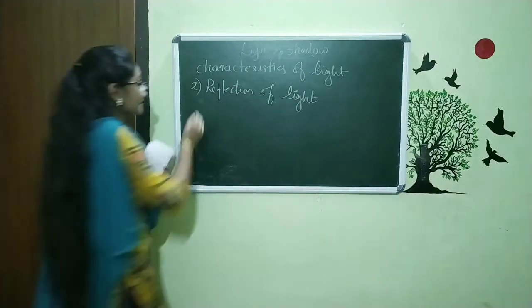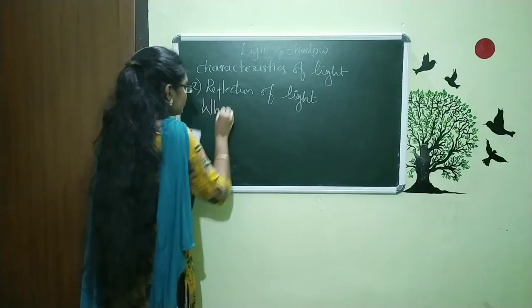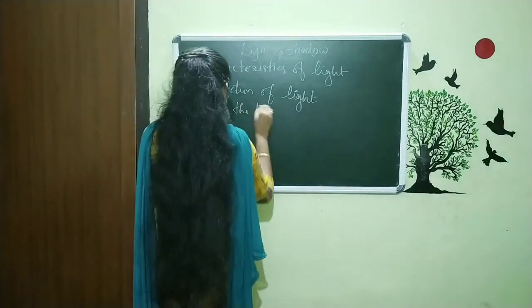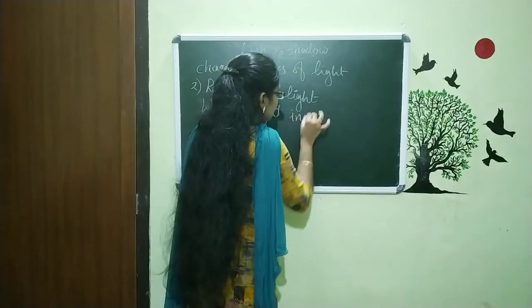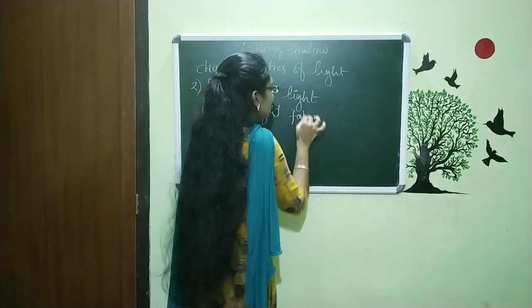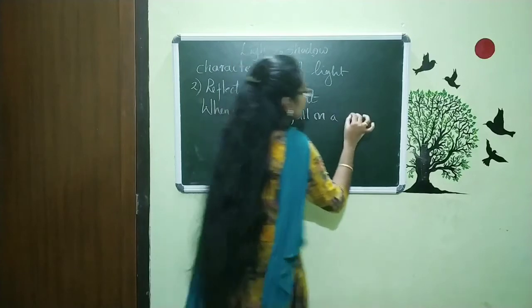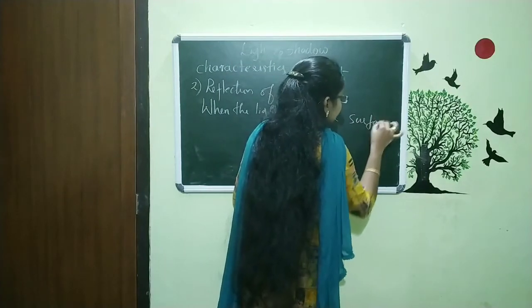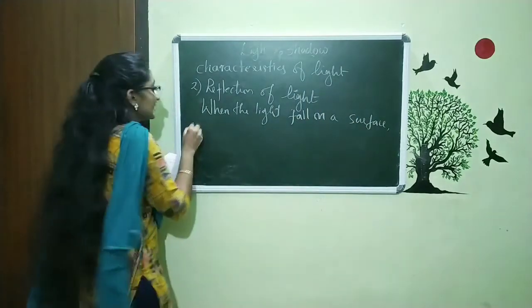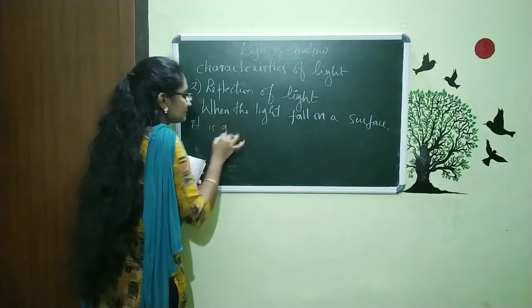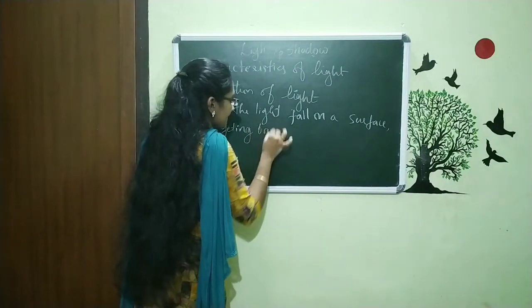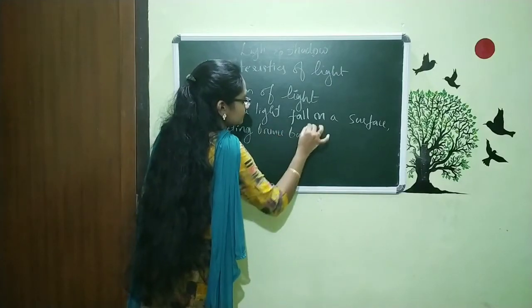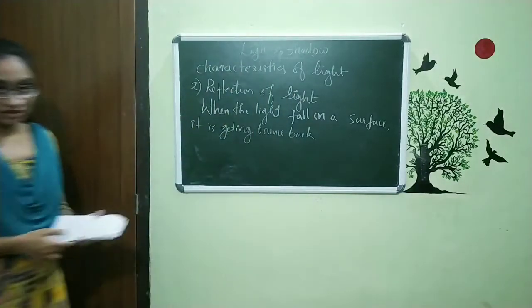When light is incident or falls on a surface, it bounces back. This property is called reflection of light.